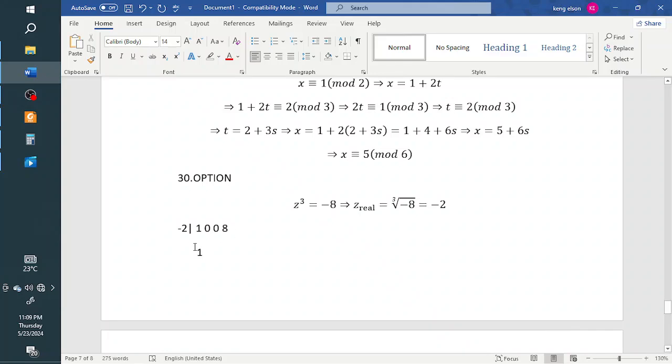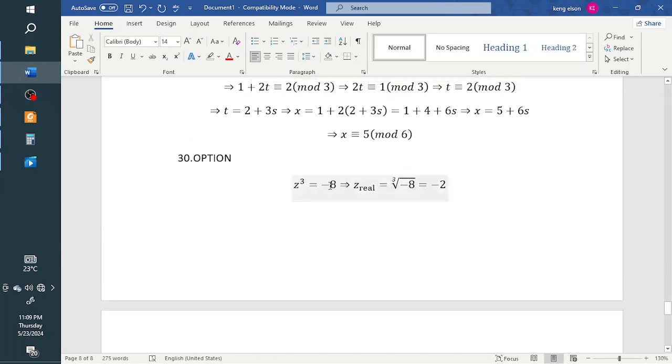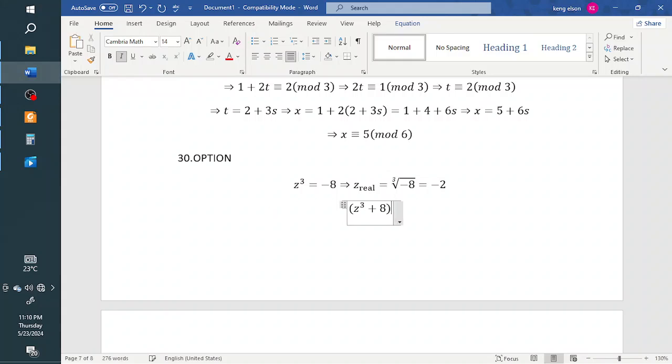Then I'll be multiplying and then adding. In fact, you can do long division. This is what I'm trying to say: take z cube plus 8 and divide by z plus 2.